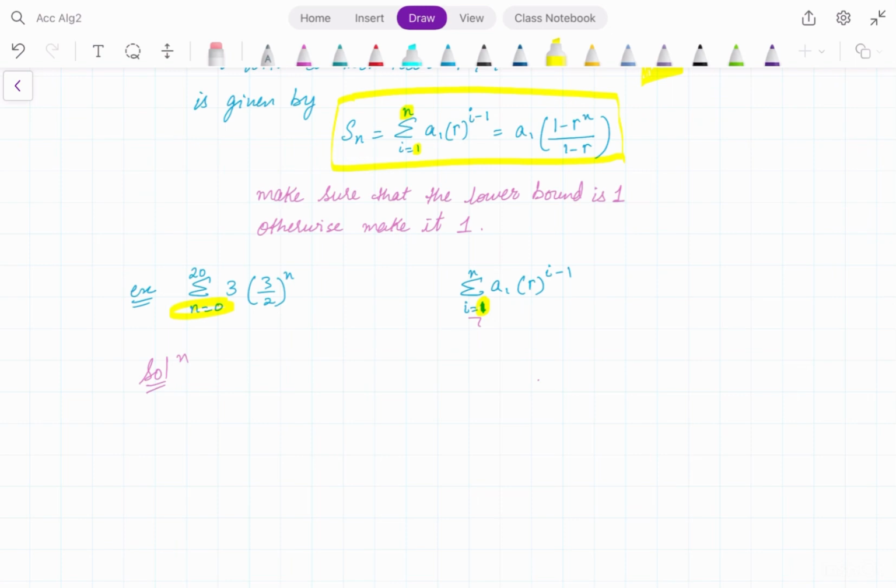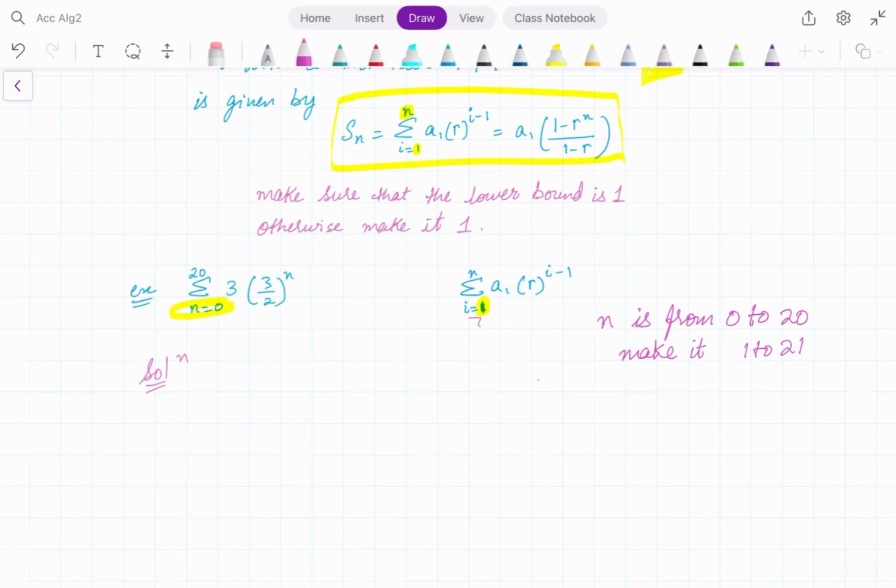So in the first example, the lower bound is not 1. The lower bound is 0. How to make it 1? Let's add 1. So as you can see, n is from 0 to 20. I need to make 0 into 1, so make it 1 to 21. So I will add 1 to 0 and then 1 to 20.